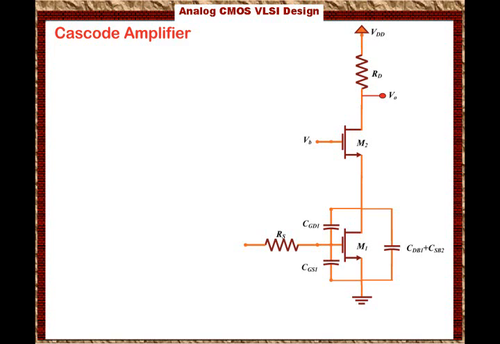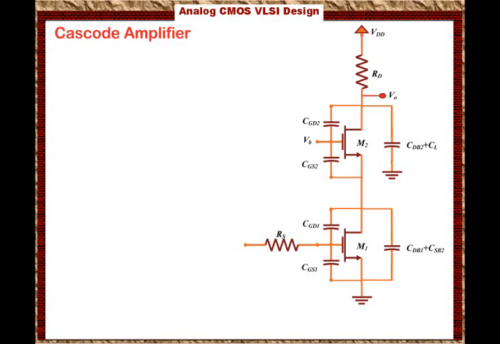Remember that the body is always the lowest voltage in the circuit for the NMOS transistor, right? So from the source of M2 to ground there's another capacitor, so we have two capacitances over here. The second transistor also has three equivalent capacitances. We have one from the gate to the source, we're going to call it CGS2, and one from the gate to the drain, we're going to call it CGD2, and then there is a capacitance from the load to the body, we're going to call it CDB2, and then another capacitance from the load to ground, we're going to call it CL.